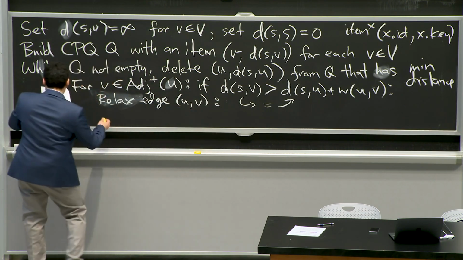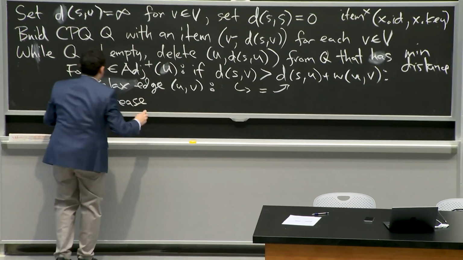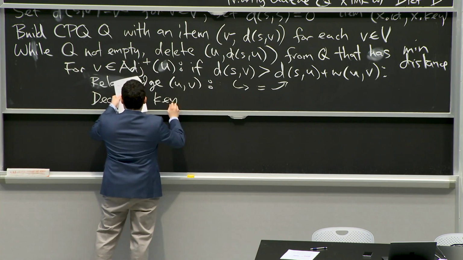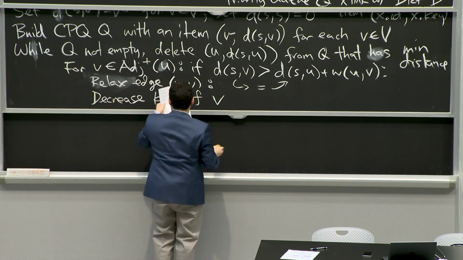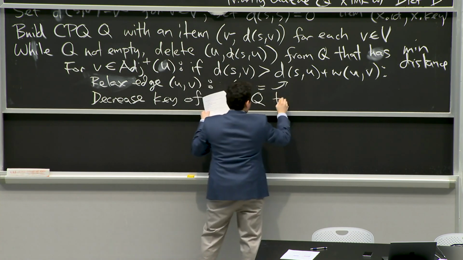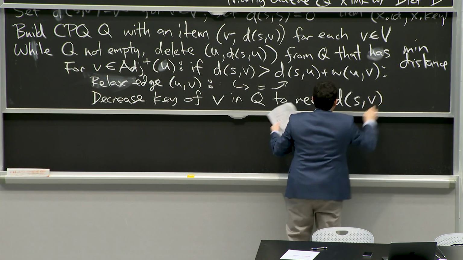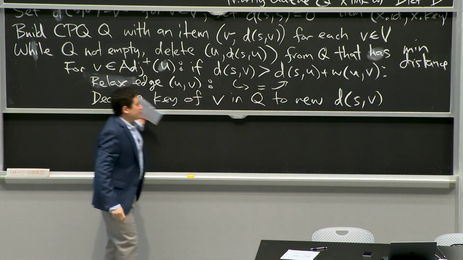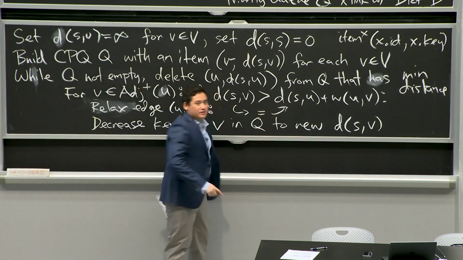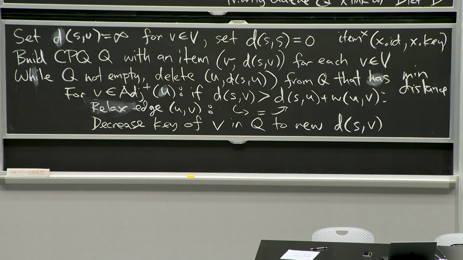So decrease key of vertex v in Q to the new d of s,v, the one that I just decreased here. And I know that I decreased it because I set it to a smaller value. That makes sense. All right, so that's Dijkstra.